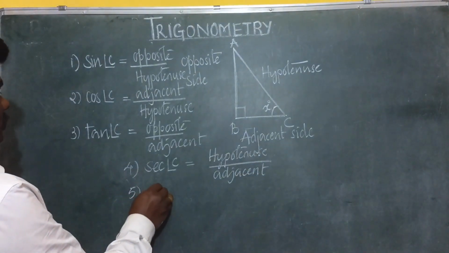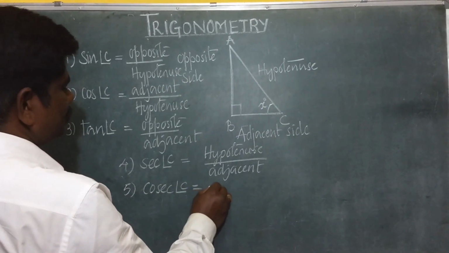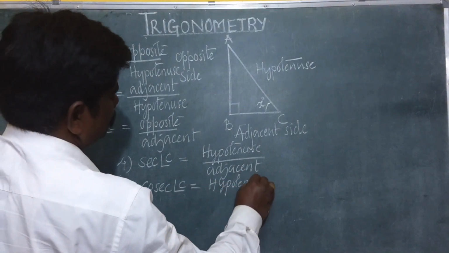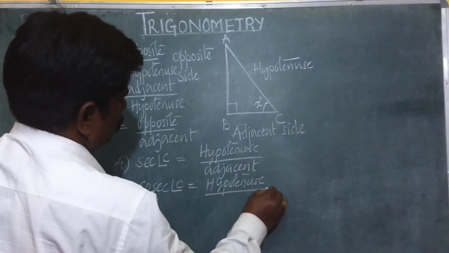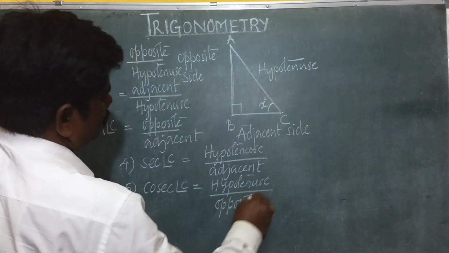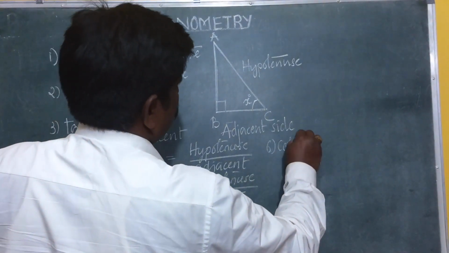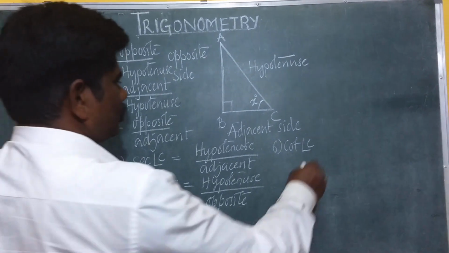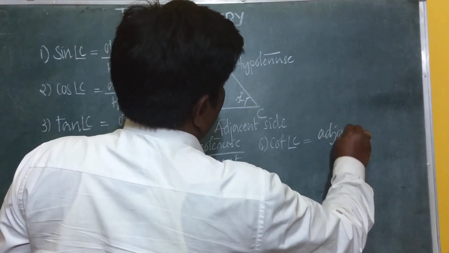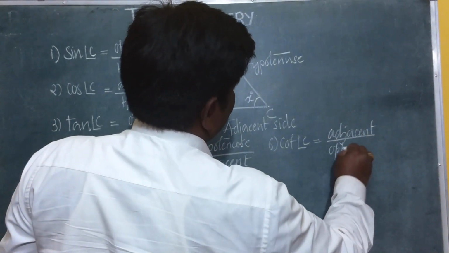Then the fifth one is cosec of angle C, which is hypotenuse upon opposite. Then the sixth one is cot of angle C, which is equal to adjacent upon opposite.